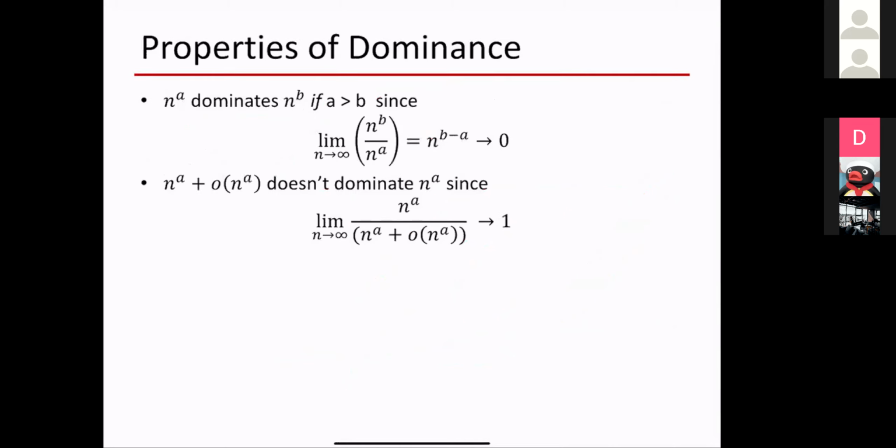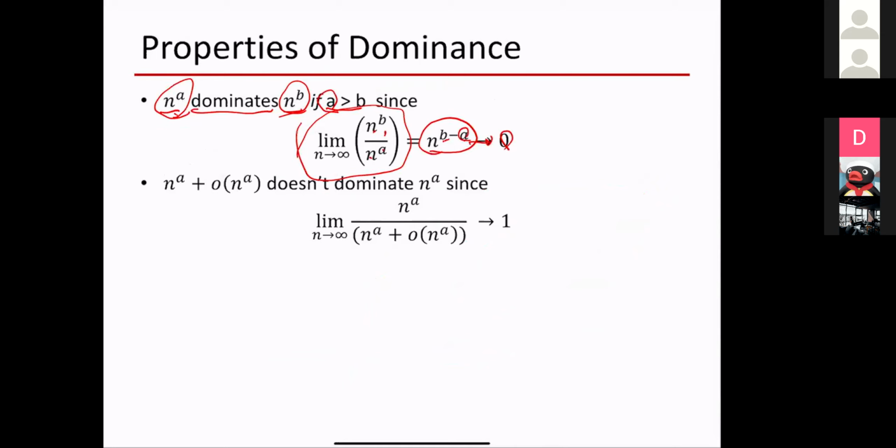So, properties of the dominance. n to the power a dominates n to the power b if a is bigger than b. Let's say this is f of n and g of n. So I can put it in my notation. This goes to n to the power b minus a. a is always bigger, therefore it goes to a very small number, and in the end it goes to 0. Clear?